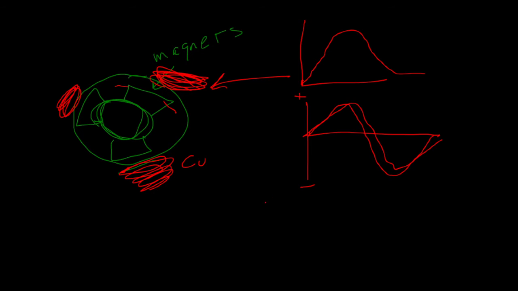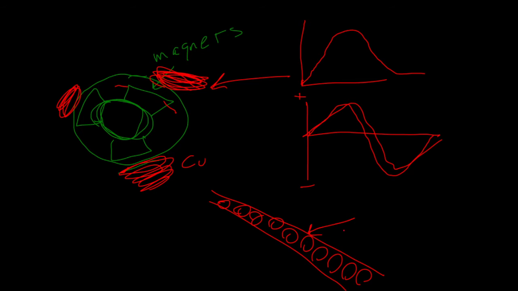If you think about what's happening inside this copper coil, there's a bunch of electrons in here. These are all copper atoms, and they all have free electrons, sort of one for each. As the magnet gets closer, the electrons all get pulled one way. Then as we approach the negative side of the magnet, it pushes the electrons the other way.